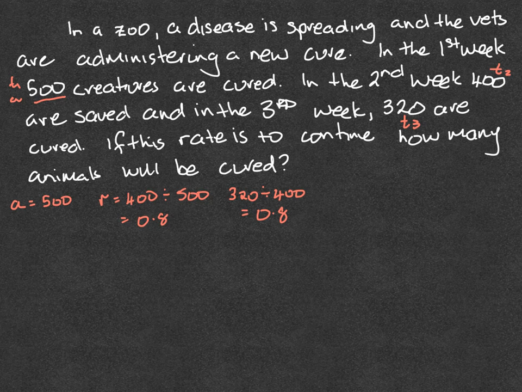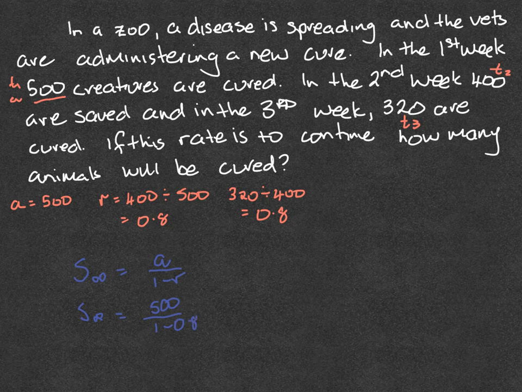So now we can plug that into our equation. Remembering our formula, the sum to infinity is equal to A over 1 minus R. So the sum to infinity is equal to A, in this case 500, over 1 minus 0.8.